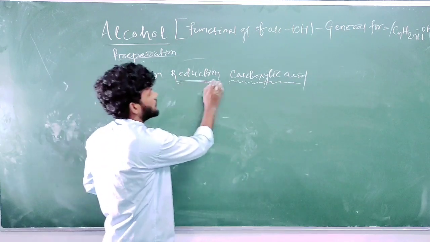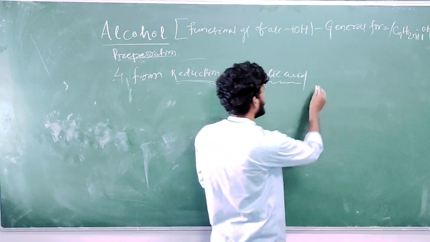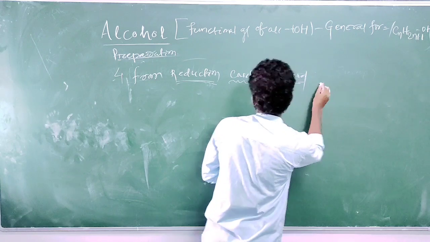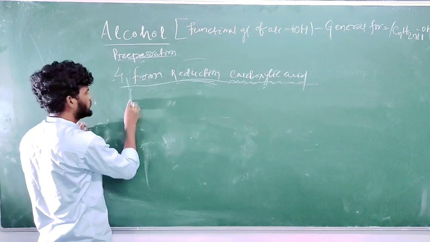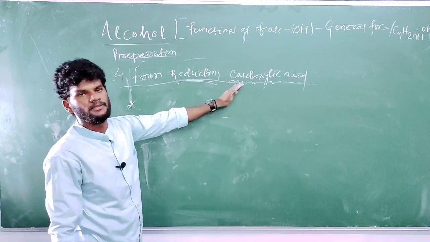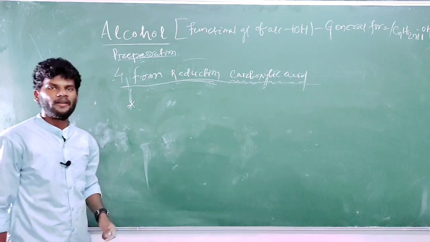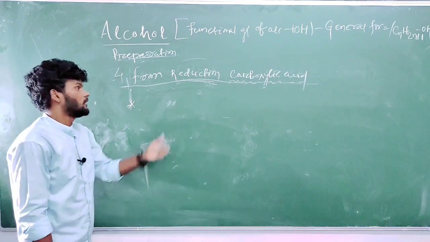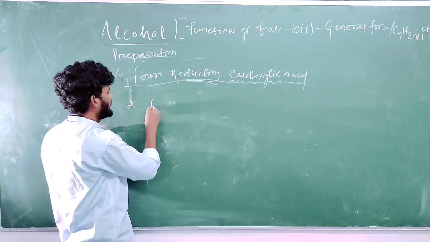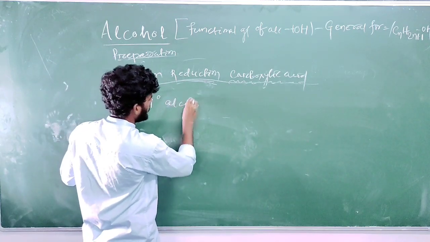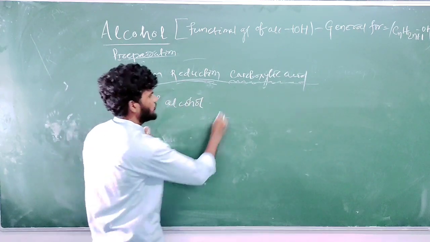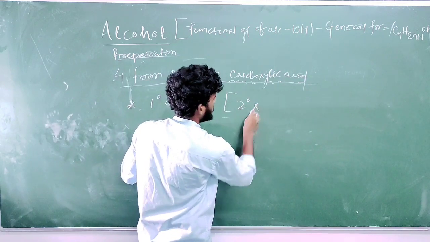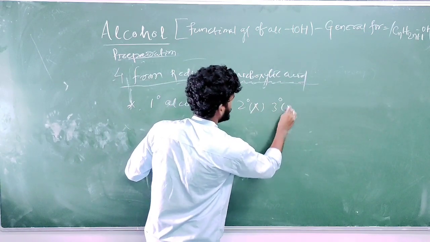So from the reduction of carboxylic acid, if you reduce the carboxylic acid using lithium aluminum hydride, what will it form? It will form 1 degree alcohol. Okay, which alcohol? 1 degree, not 2 degree, not 3 degree alcohol.